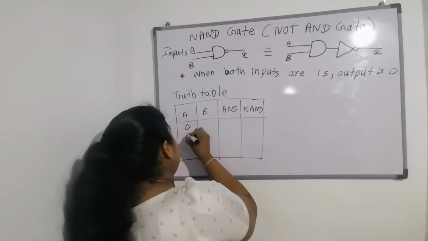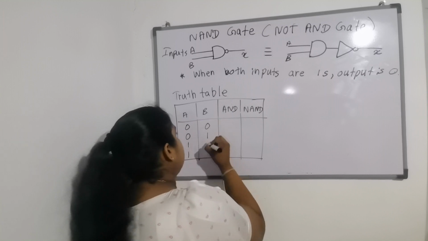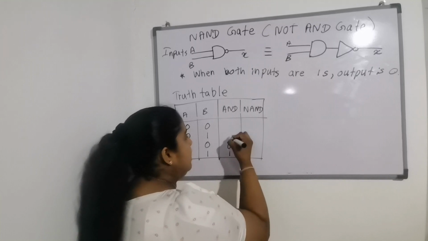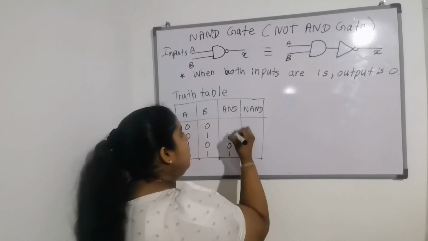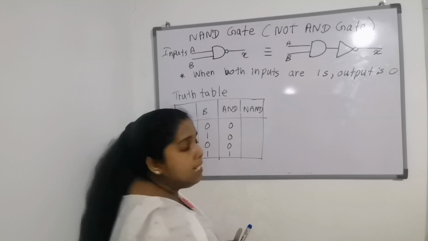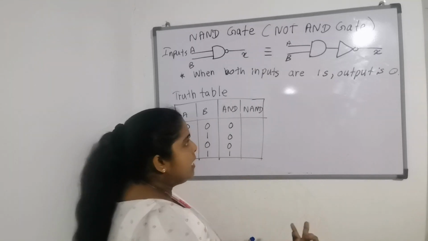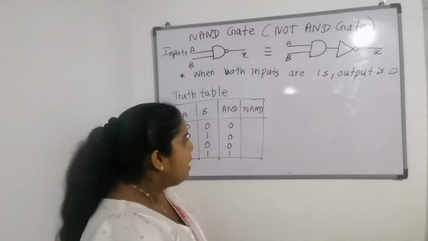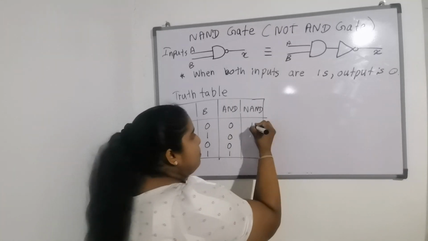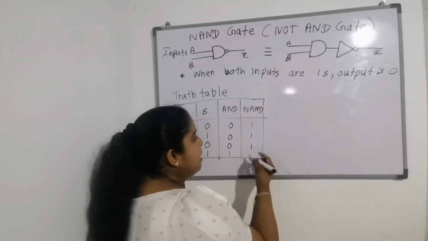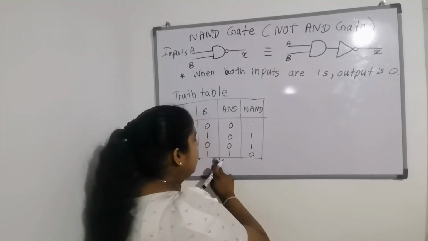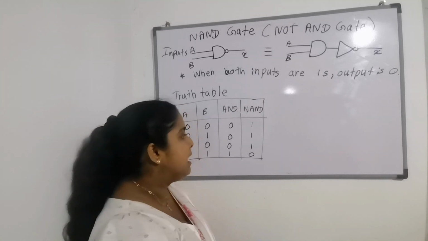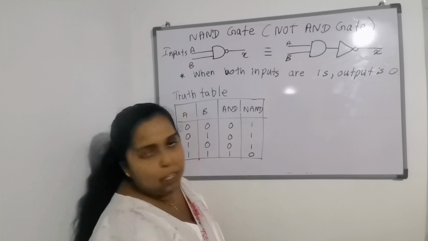Here 0, 0, 1, 1 and 0, 1, 0, 1. For the AND gate, 1 only for 1, 1; for all the other combinations, the output is 0. That is a fact. Then NAND gate means NOT AND gate, that means the inverse of the AND gate. Therefore, zeros become ones and ones become zeros. You can easily remember: if you can remember the AND gate, through that you can easily get the NAND gate logic.